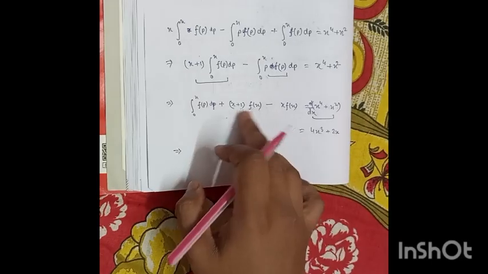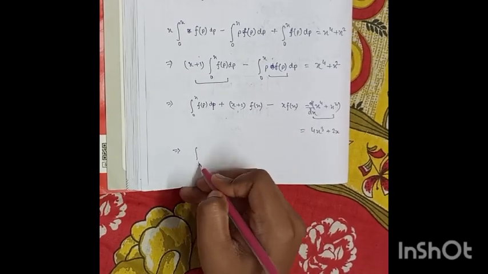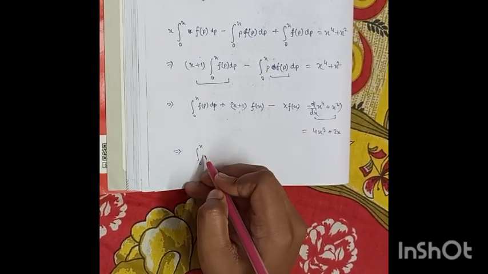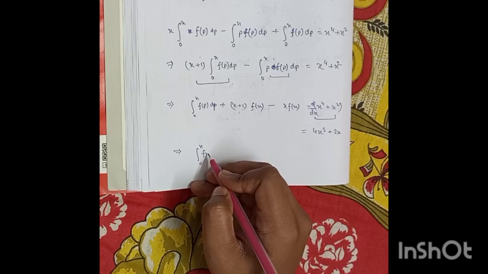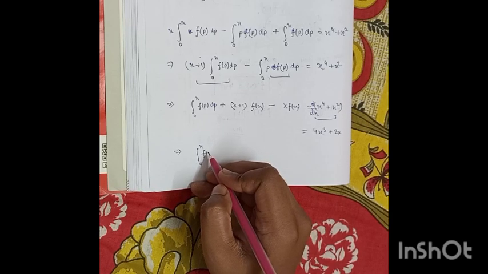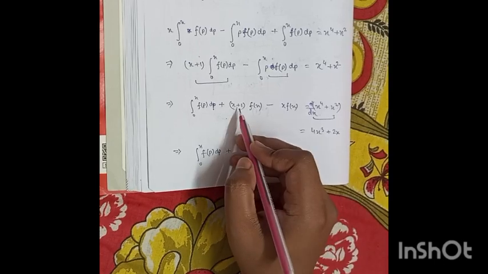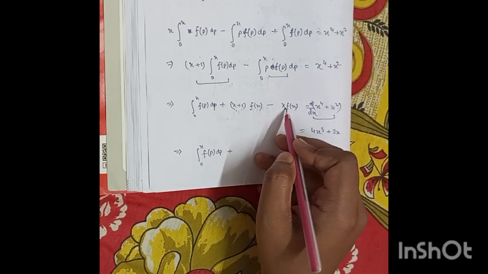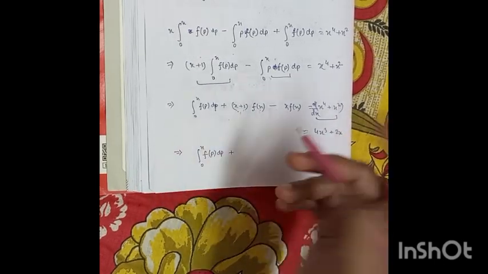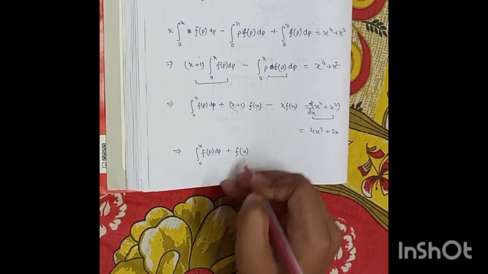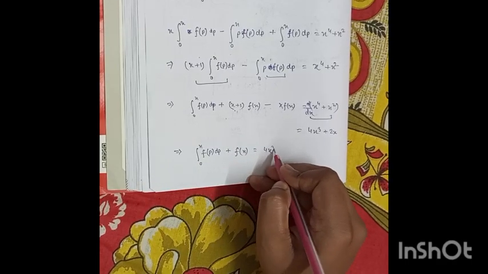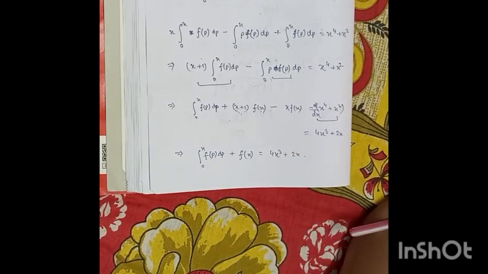Here we can simplify: integral 0 to x f(p) dp plus, see here, x f(x) and minus x f(x) will get cancelled, and so we are left with only f(x) equal to 4x cube plus 2x.